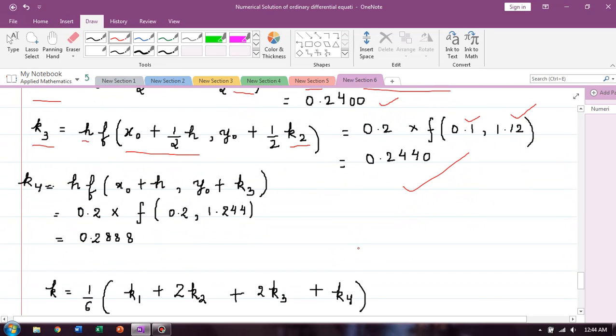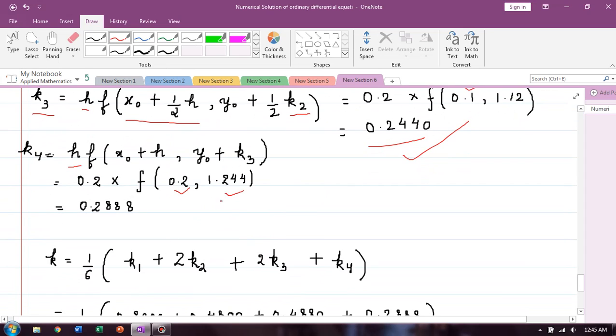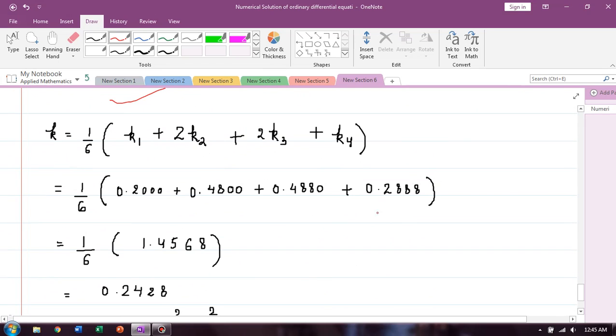Finally, the value of k4 is 0.2 into f of x naught plus h, which is 0.2, and y naught plus k3. y naught is 1 and k3 is this, so this is 1.244.